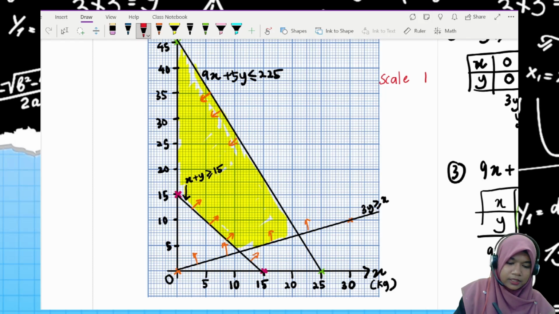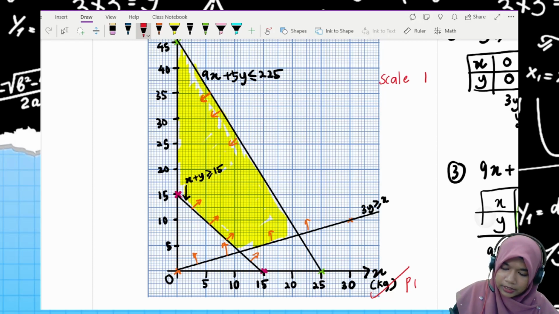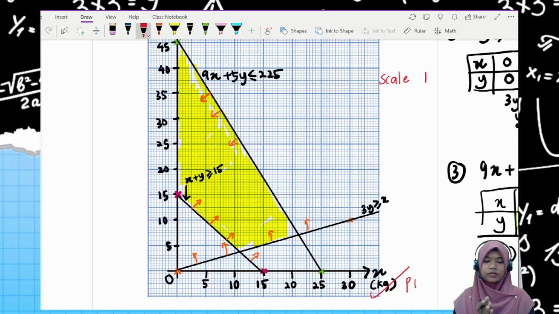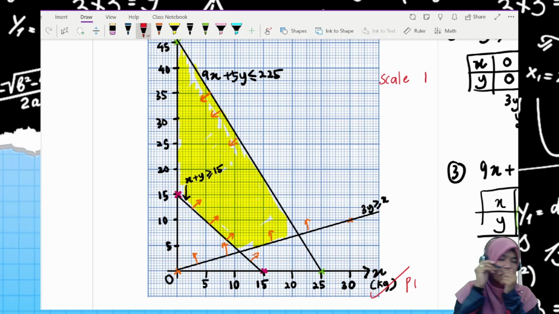P1, 1 mark. And then you have to draw correctly all the 3 straight lines.